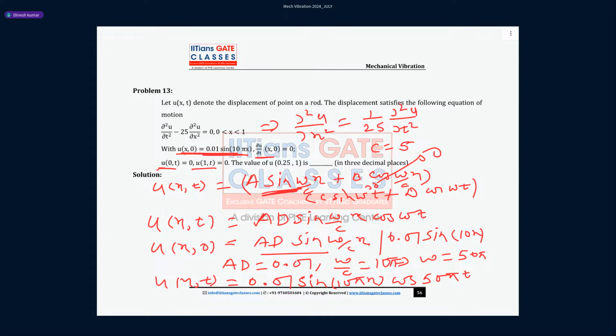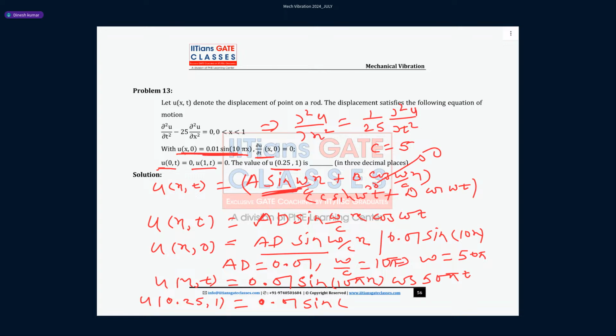Now what they asked is u at 0.25 comma 1. So u at 0.25 comma 1 will be 0.01 sine of, now what is the x value? x is 0.25.